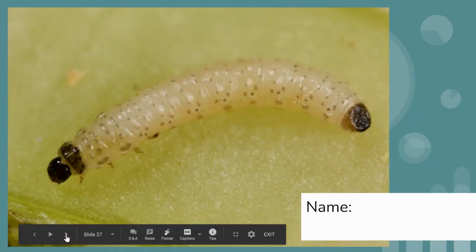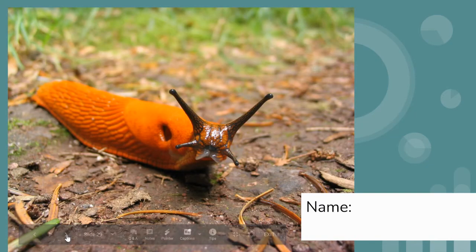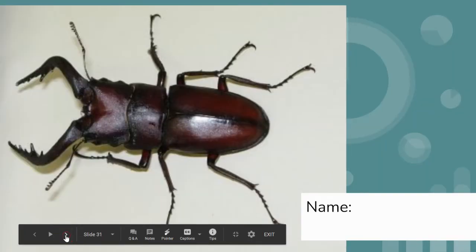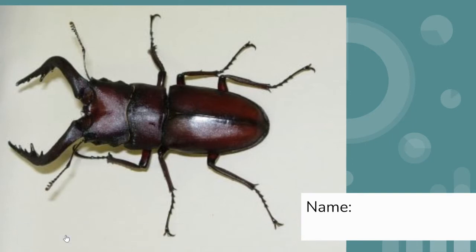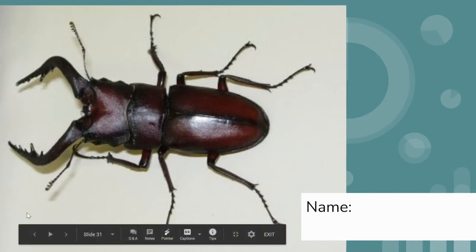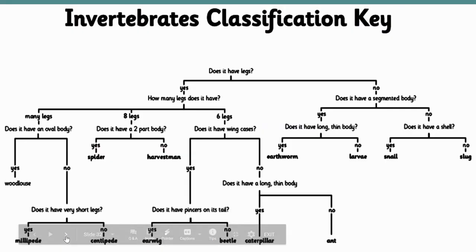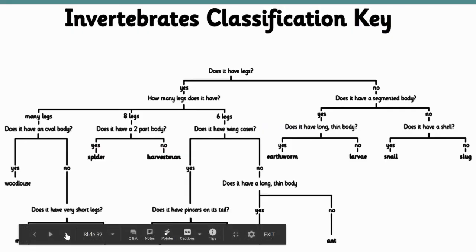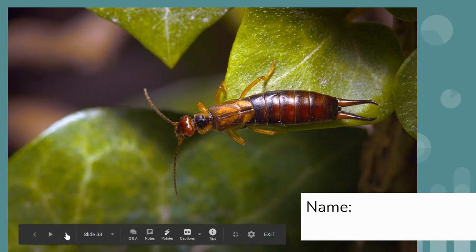And then there's this little one, only has 6 legs here and many segments, and no legs on this animal. We should probably already know this one because it was my example in the beginning. And then your last one is this one that has the pincers in the back of its body.